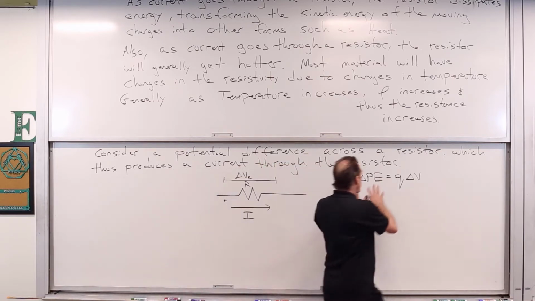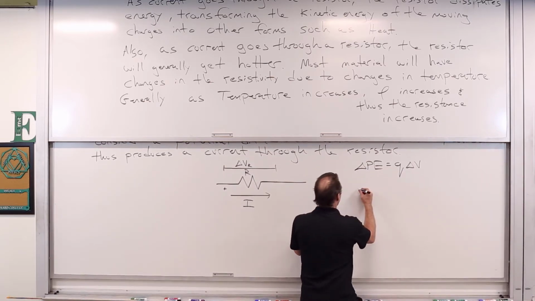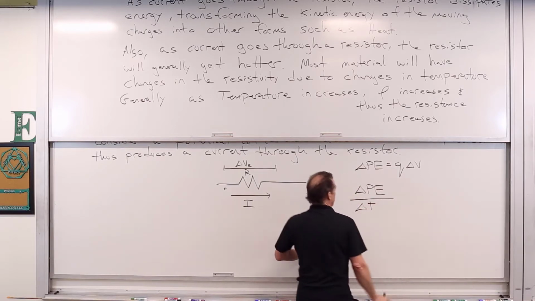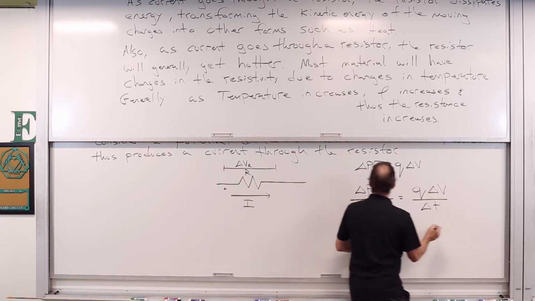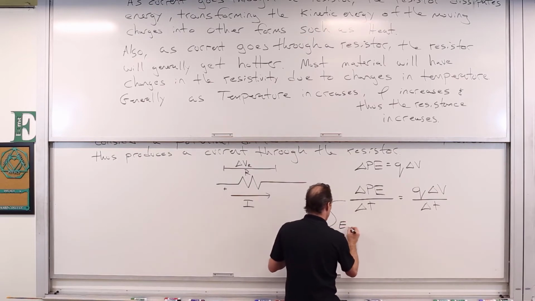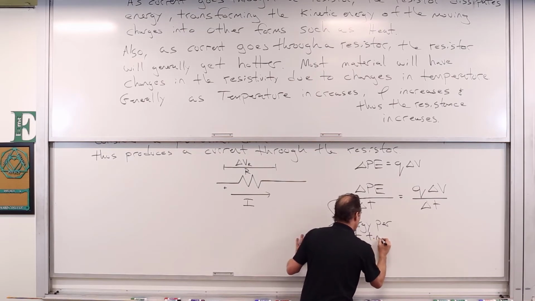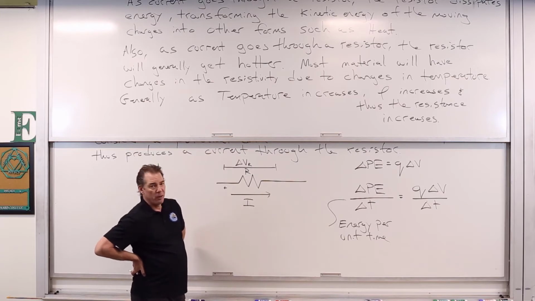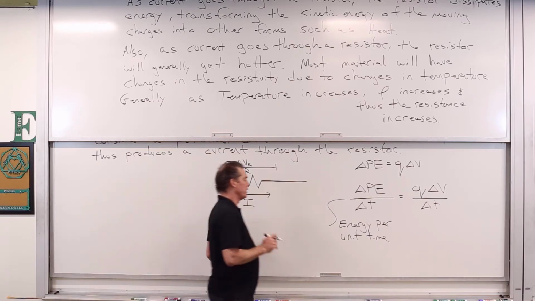So how can we change this into something else? The change in potential energy per unit time, delta T, is going to be equal to Q delta V over delta T. And this would then be energy per unit time. Let us define the quantity called power.